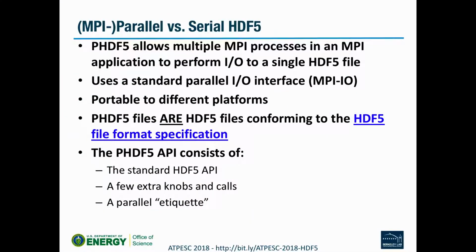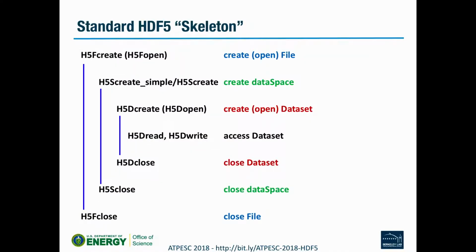Another part of this I'll mention here is that the files that you create really are just straight out the same as a serial HDF5 file. There's no binary difference whatsoever. You can move them around between your laptop and the supercomputer, or different computers. They're all just fine. So we looked at this before, right? Create your file. The reason why you create a data space and not a data type is because there's lots of predefined data types that are really useful, like float, right?